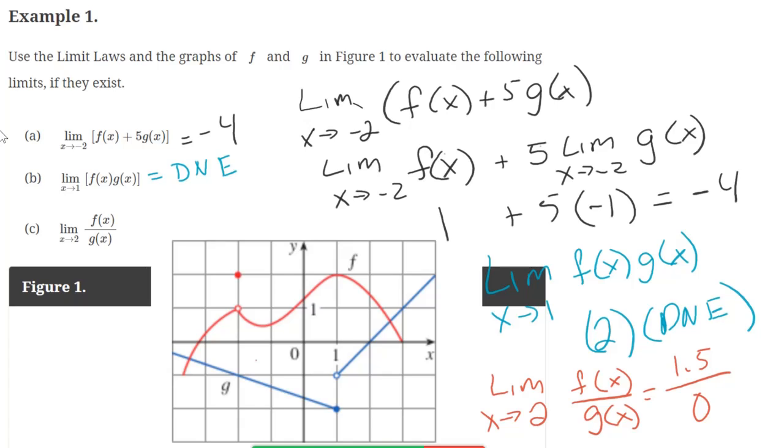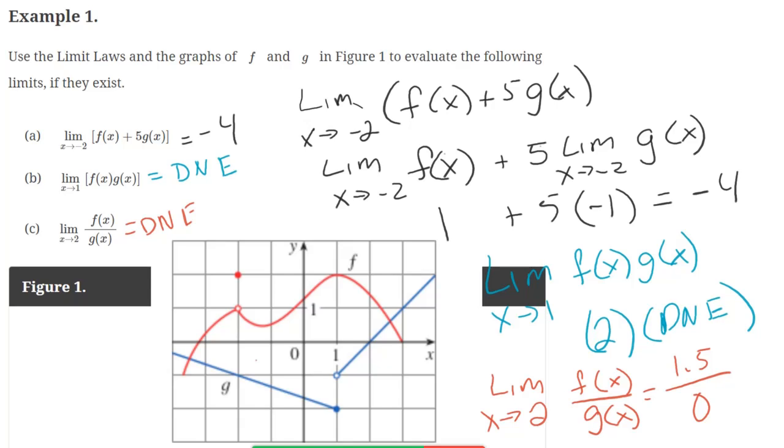So in this case, this limit also does not exist because I still can't divide by 0. So the limit of each of the pieces individually works, but the limit of the whole thing does not work. Any questions on those three? We're going to look at some more regular problems in a second.